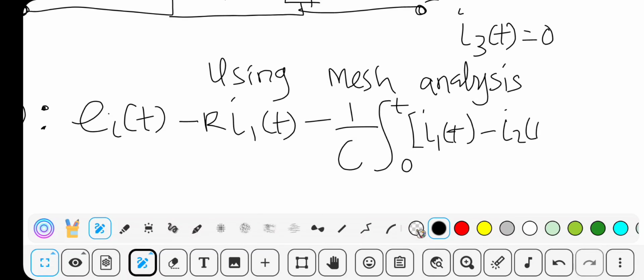Minus the integral of I1 of t minus I2 of t dt is equal to 0.